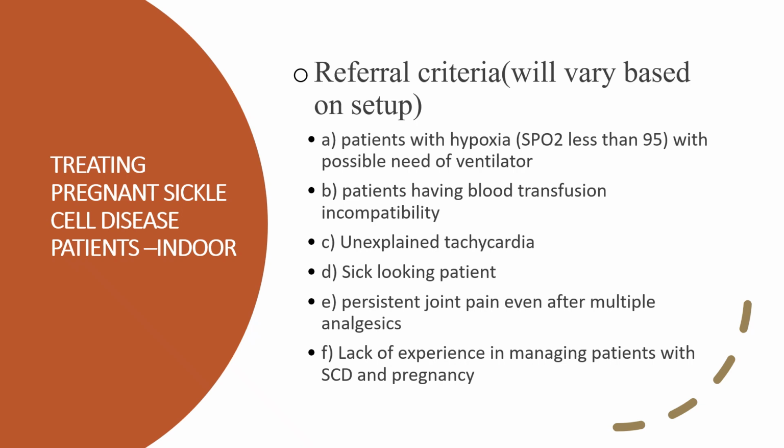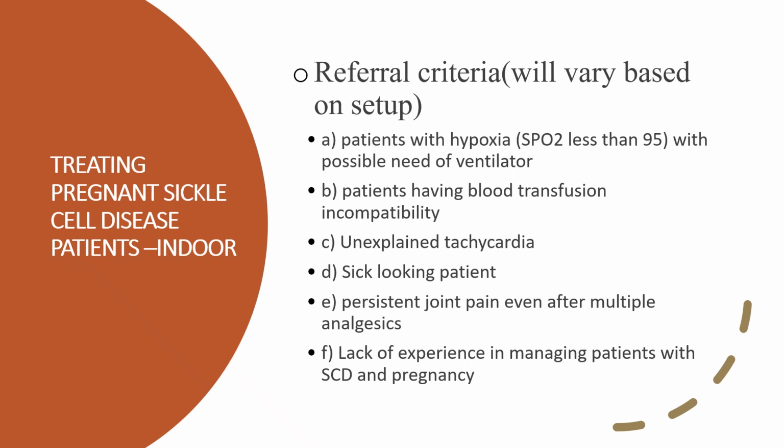So the referral criteria, of course, will vary based on where you are located, the expertise and the facilities available. But generally, for secondary level care, patients with hypoxia or a possible need of a ventilator should be referred.